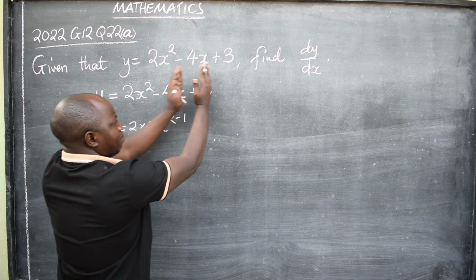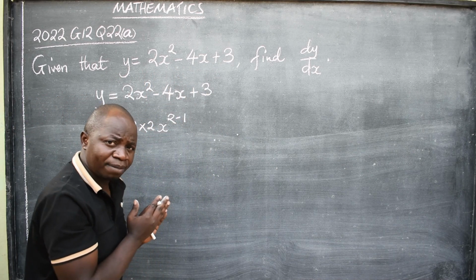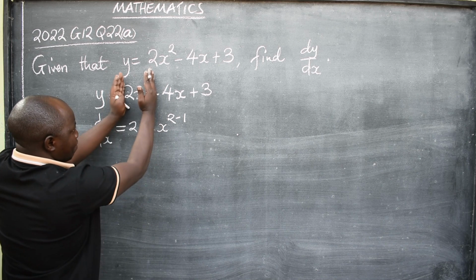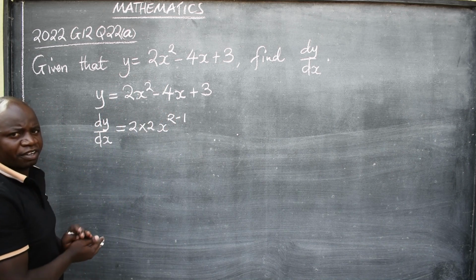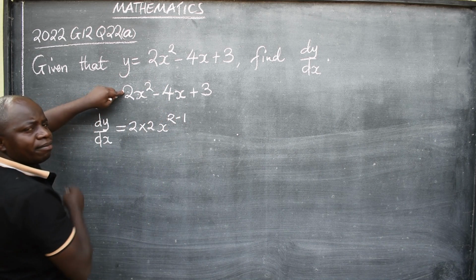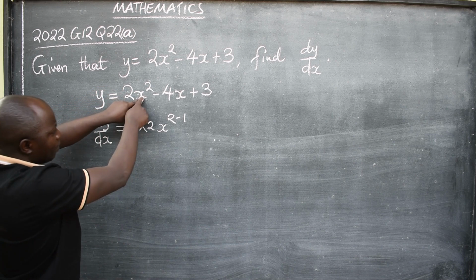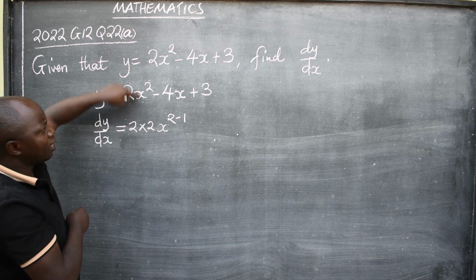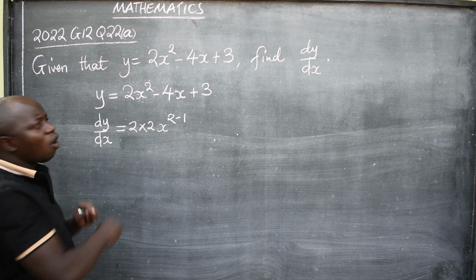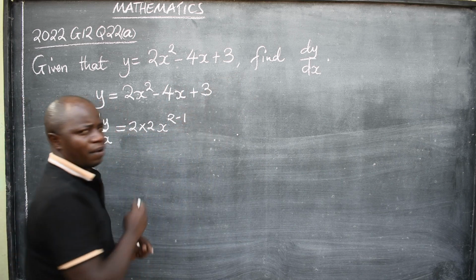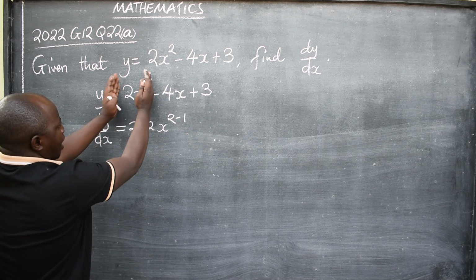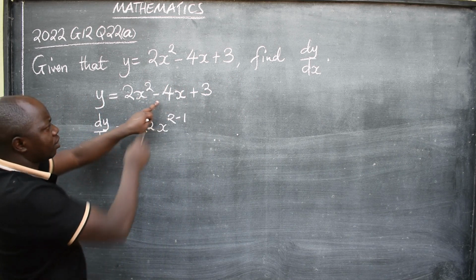Term by term. Are we together? I'm done with the first term here. This is the way you differentiate: multiply, after multiplying, write the variable, power, subtract 1. You will always be subtracting 1. We are done here. We move on to the next one.